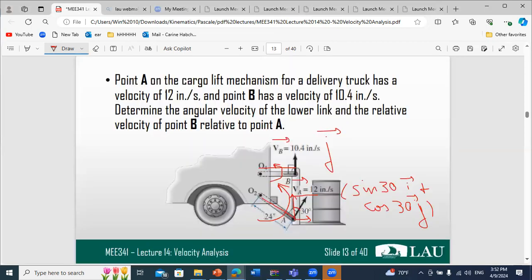Example: we have that point A on the following mechanism for a delivery truck has a velocity of 12 inch per second, and point B has a velocity of 10.4 inch per second.